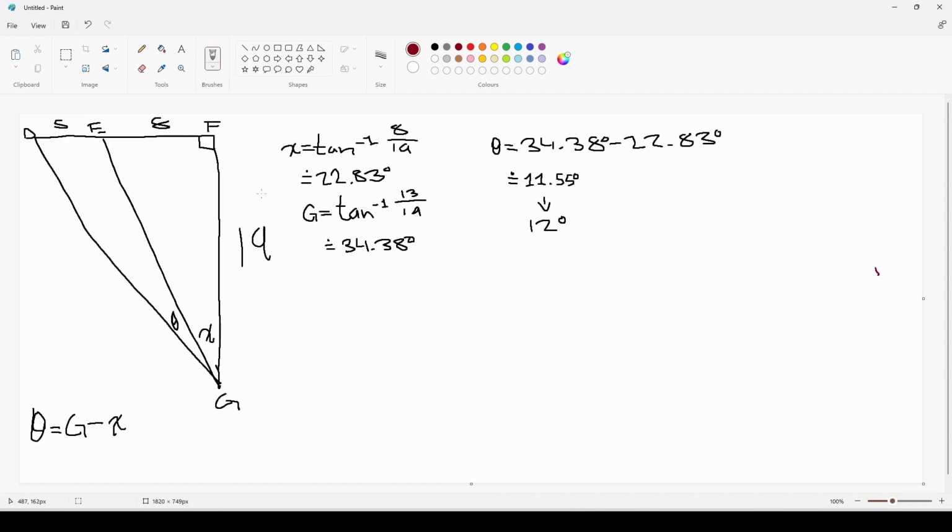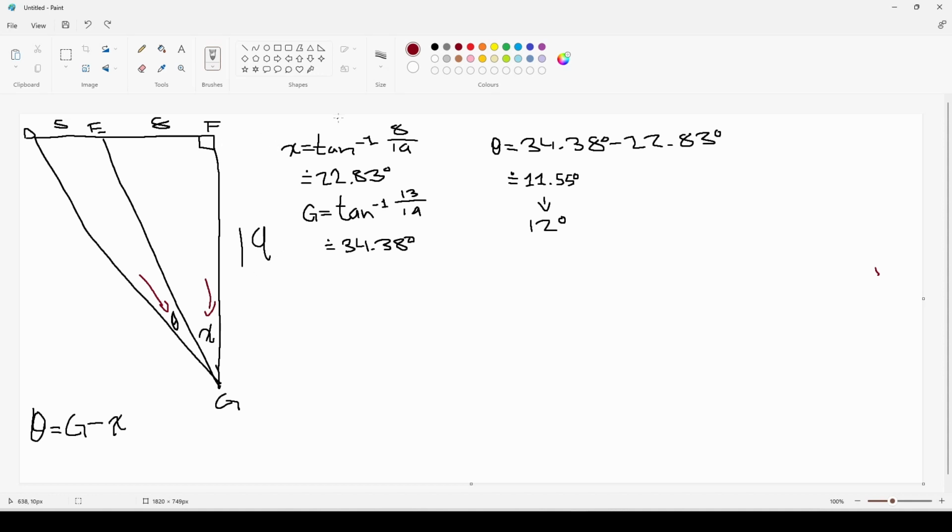Here's another example. Here we are looking for the value of theta right here, but first we have to find the value of x here, because our theta value is our g value, which is this whole angle, minus the x value. And we have to find the x value first, just because we don't have enough information for the value of theta.